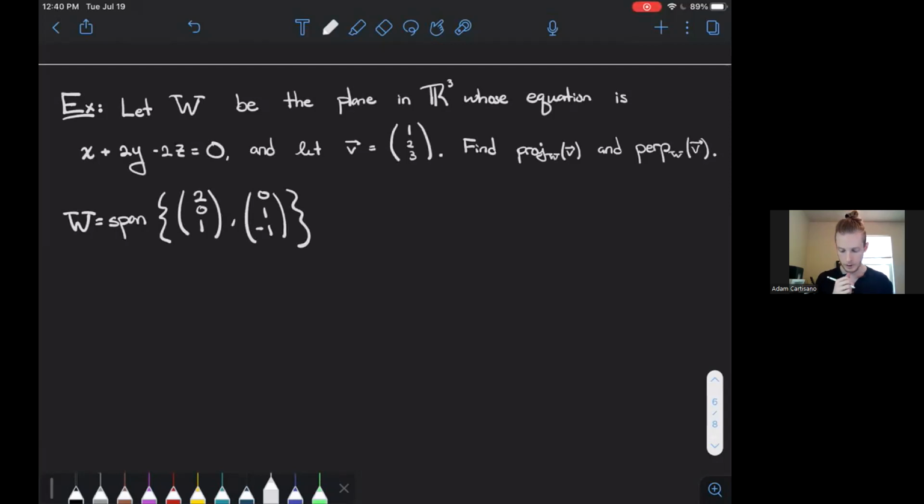So now what we want to do: did we find an orthogonal basis?